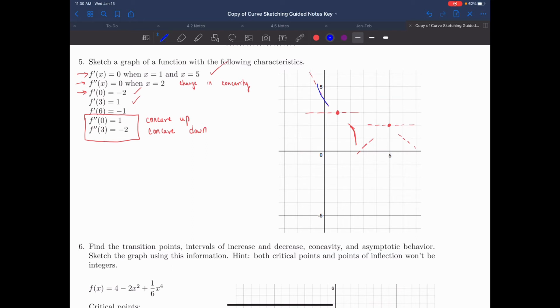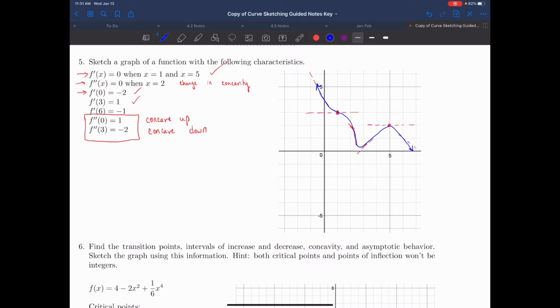And then it's got to stay concave up, and then concave down. Notice it's not perfect, but it's somewhere in there. And then it's got to follow this line with the slope of 1 with a 0 derivative. And then it has to have a slope of negative 1 right there.